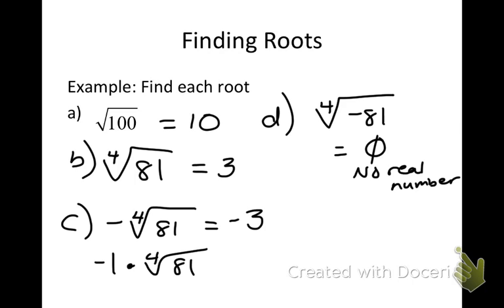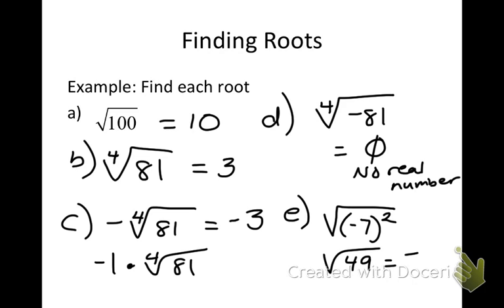Okay. But if you had something like this, let's make an E. If I did the square root of negative 7 squared, it would be 7, because negative 7 squared is 49, and then it would just be 7.